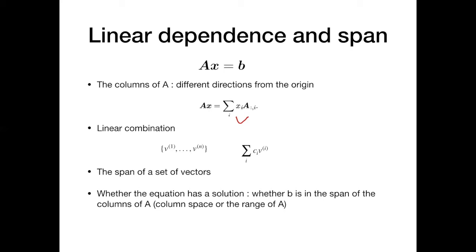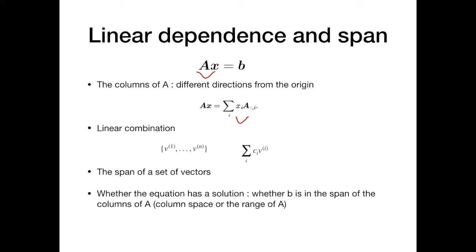And so in this way, let's look at this equation again. The left side is actually a linear combination of the columns of A. So to solve this problem becomes another problem.